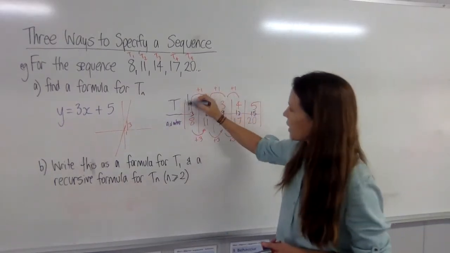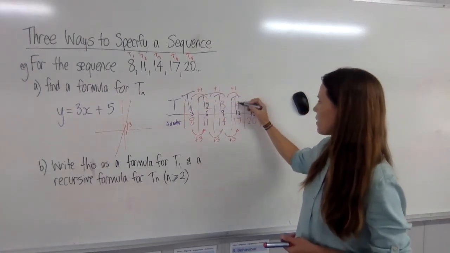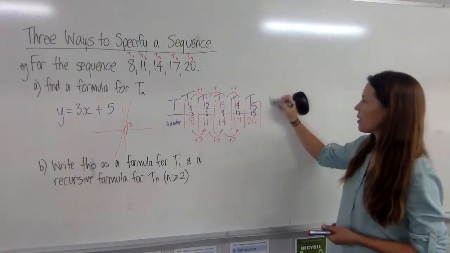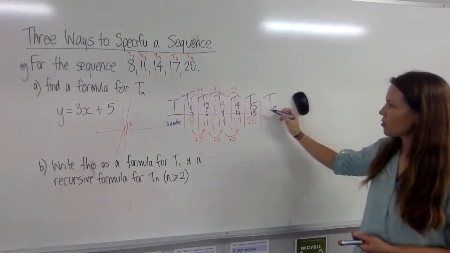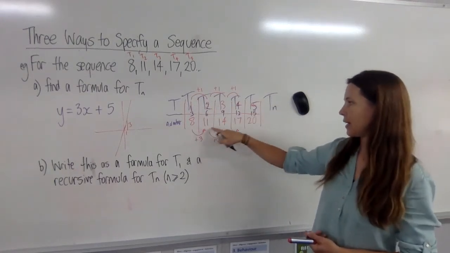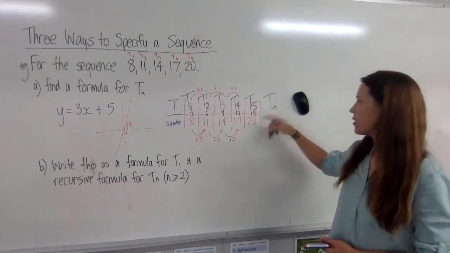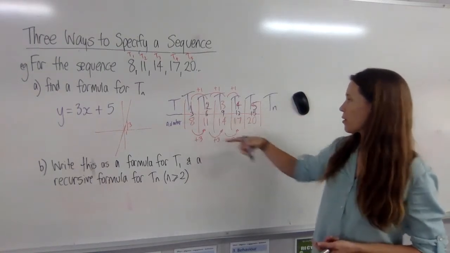So if this is t1, this is t2, t3, t4, and t5, then if you're trying to figure out what tn is, whatever you did to all of these numbers, 1, 2, 3, 4, and 5, to turn them into 8, 11, 14, 17, and 20, you need to do the same thing to n. What did you do? Well, the answer is you multiplied by 3.